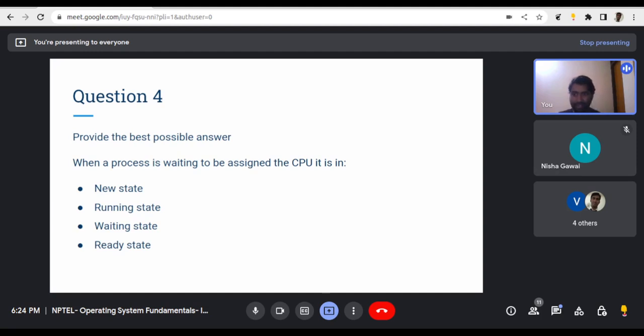But actually, a process in the new state resides in the secondary memory, right? So it forms a job queue, as you may know. From the job queue, it comes to the ready state, where it actually becomes a process and gets storage space in the RAM, main memory.